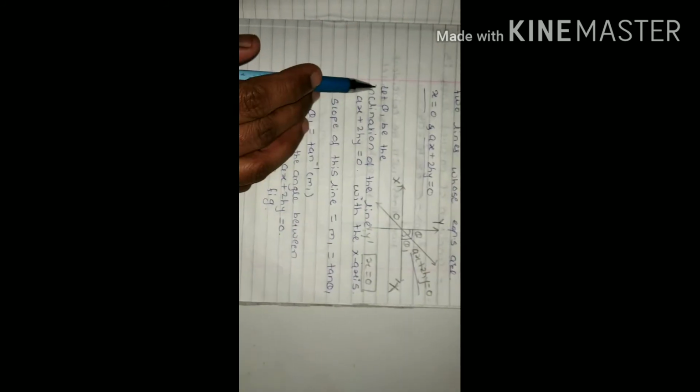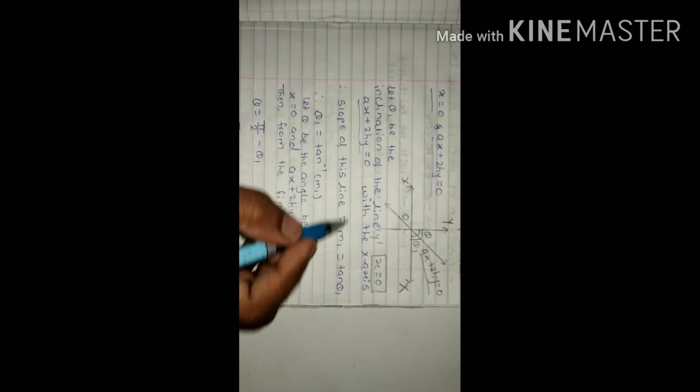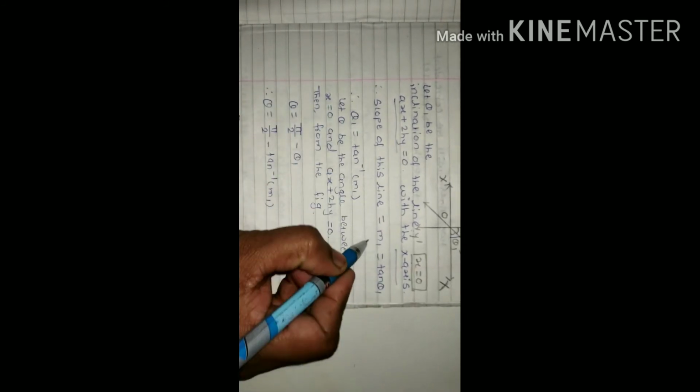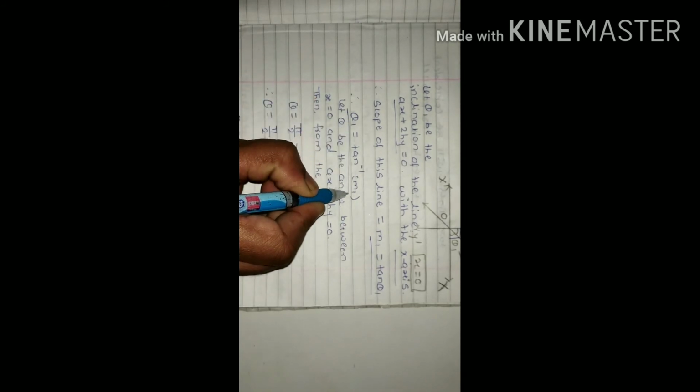If b is equal to 0, then the equation ax square plus 2hxy plus by square is equal to 0 represents two lines whose equations are x is equal to 0, that is the y axis, and ax plus 2hy is equal to 0, the second line. Let theta 1 be the inclination of the line ax plus 2hy is equal to 0 with the positive direction of the x axis. The slope m1 is equal to tan theta 1, therefore theta 1 is equal to tan inverse m1.